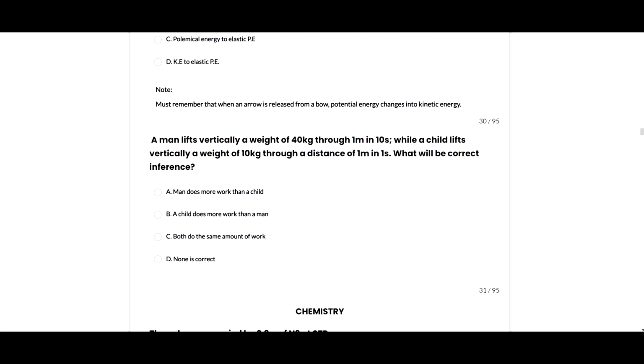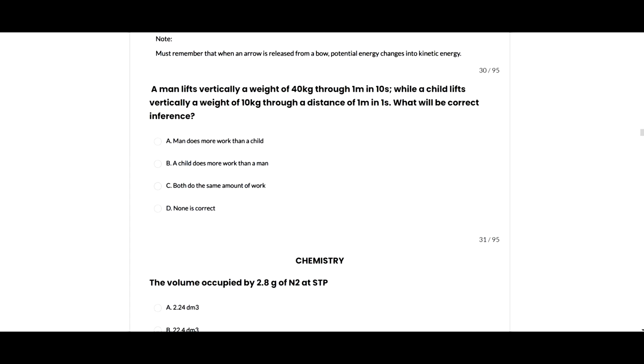So I'm going to discuss the last MCQs of physics section ECAT 2018. A man lifts vertically a weight of 40 kg through 1 meter in 10 seconds, while a child lifts vertically a weight of 10 kg through a distance of 1 meter in 1 second. What will be the correct option?